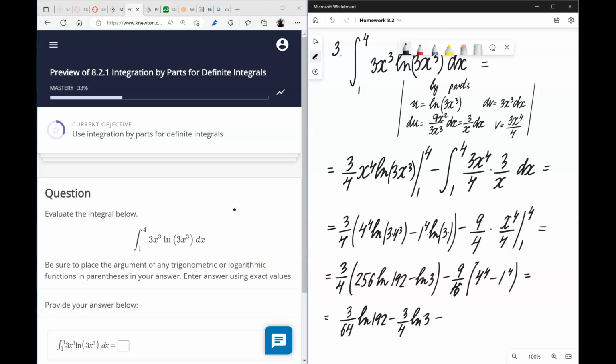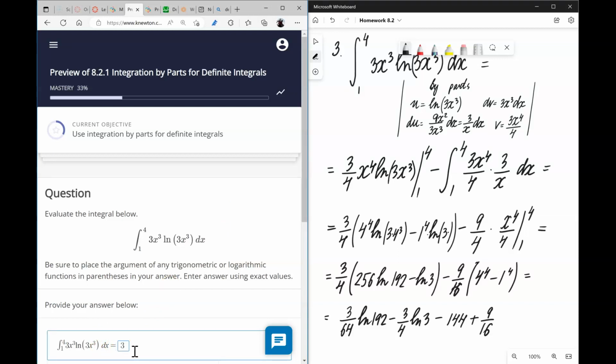Now 4 to the power 4, that's 2 to the 8. 16 is 2 to the 4. So we have 9 times 16, which is 144. And we have plus 9 over 16. So I don't even know if I made it any simpler, but let's plug it in.